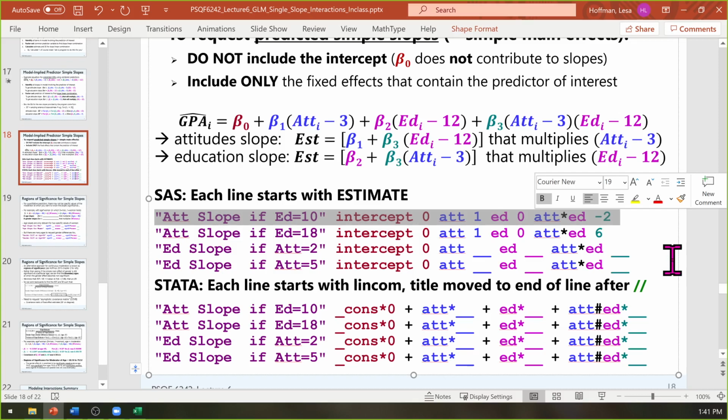So then you can answer the question, does attitudes matter in people with a 10th grade education? An 11th grade education? A 12th grade education? So you can get significance tests for each unique slope on its way to being more or less as a function of the other variable.